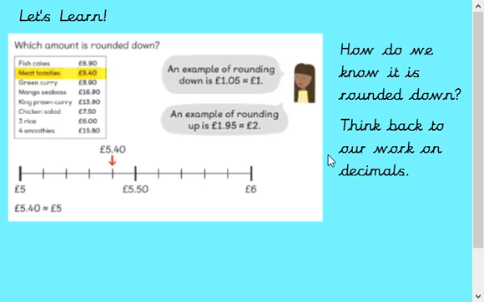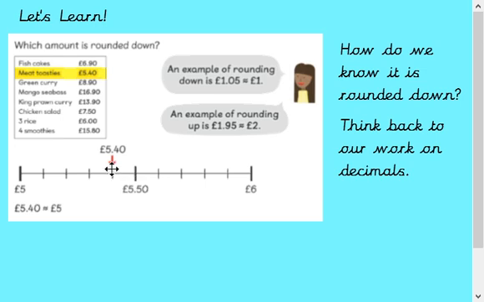Okay, so how do we know that £5.40 is rounded down? Well, if we look at putting it onto a number line, we know that £5.40 is somewhere in between £5 and £6. And we know that £5.40 would come before the halfway point, £5.50.